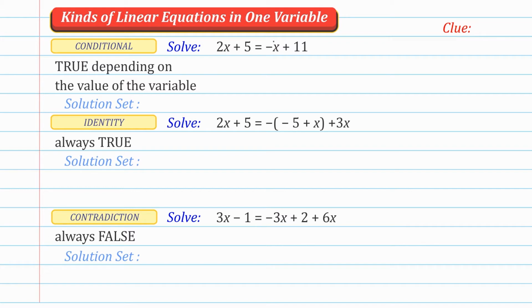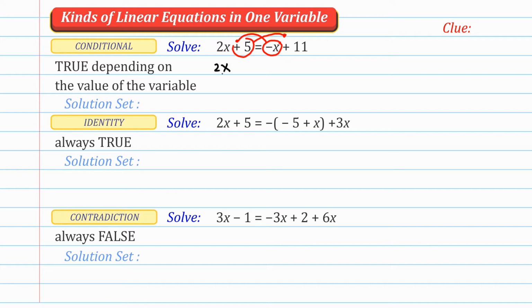So what we want to do is transpose. Recall, transposing po is the shortcut of addition and subtraction property. But we won't show this na. Instead, I will immediately move the variables to the left. Transpose. Pew! And then, the constants, i-move din natin to the right. Pew! And what will happen?